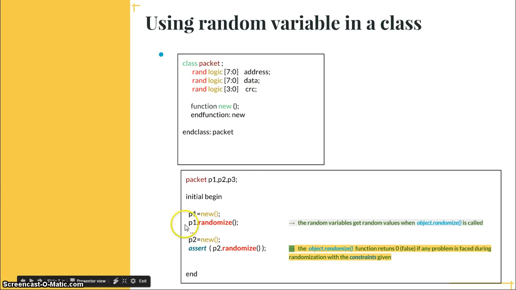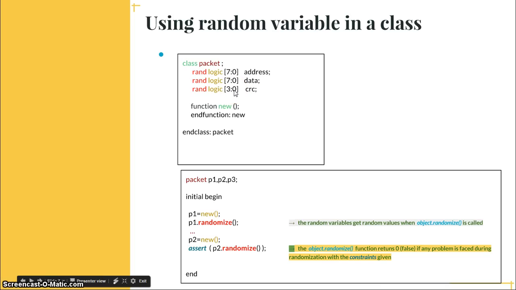So when you call p1.randomize, address will get any random value between 0 and 255 because it's limited to an 8-bit definition. In the same way, p1.data and p1.crc will get random values, p1.data being any value between 0 and 255, and p1.crc any value between 0 and 15 because it's limited to 4 bits.